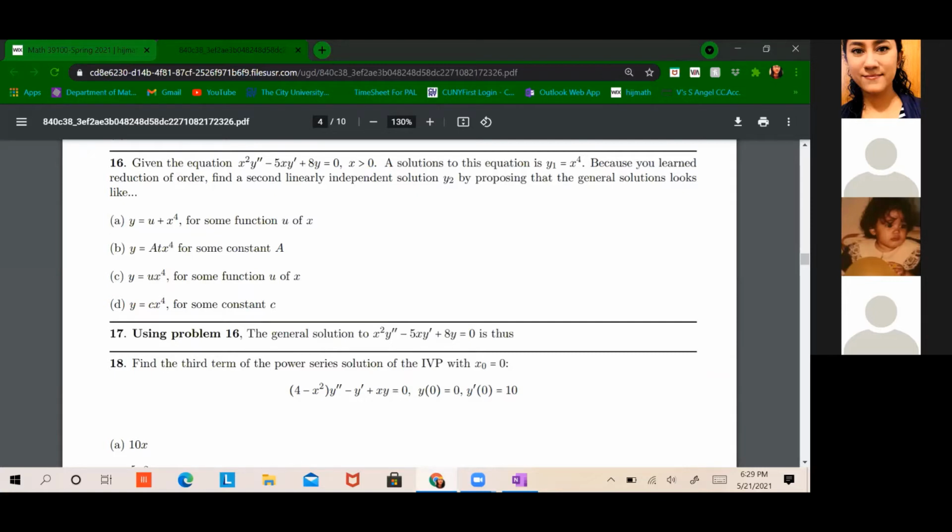And then you would plug y double prime and y prime into the original equation, and then after that you would solve for it. A couple of terms would obviously drop off.